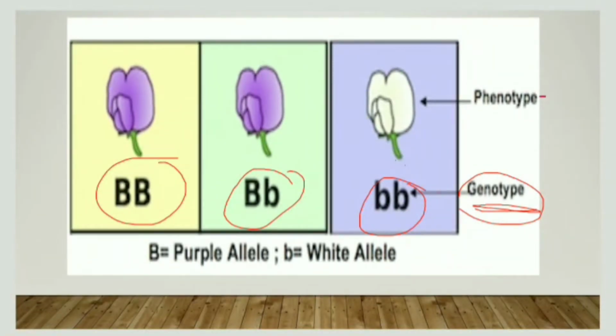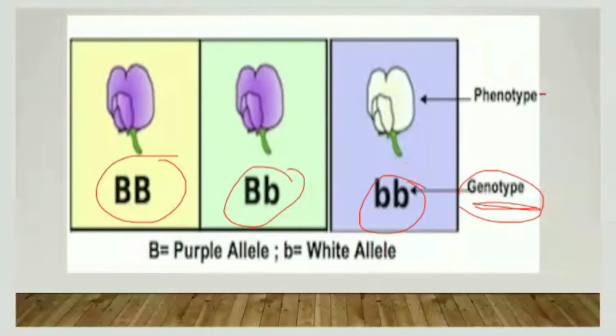So here we can see that capital B is dominant over small b. That is, small b here is recessive. If there is a presence of a dominant allele, the expression in the offspring is governed by the dominant allele.